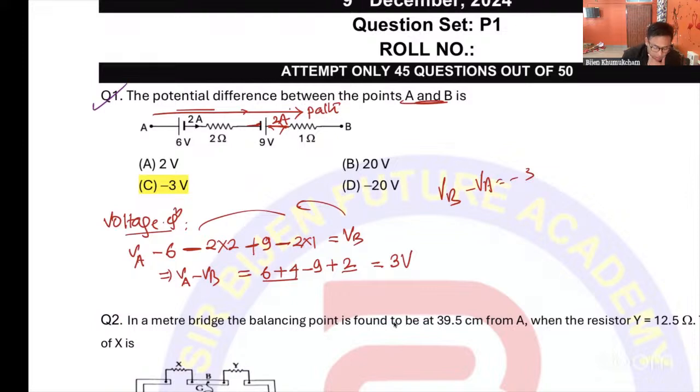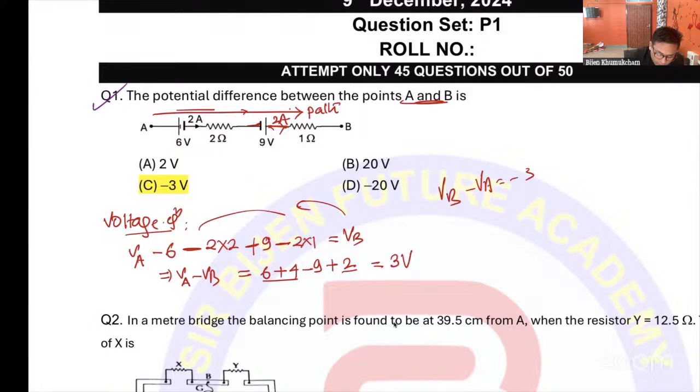VA minus VB should be 3, but the question is the potential difference between the points A and B, so the answer should be 3 itself. Taking VA: -6, -4, then +9, -2, +6, then +4.